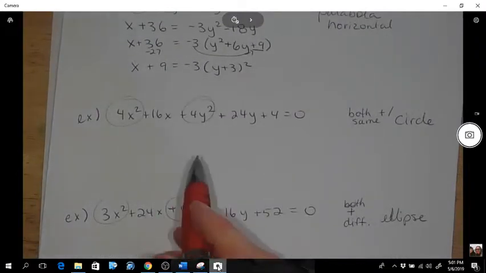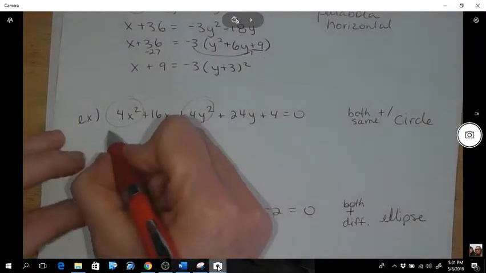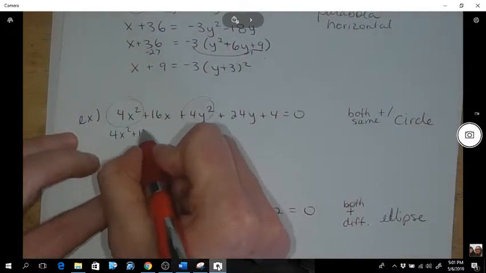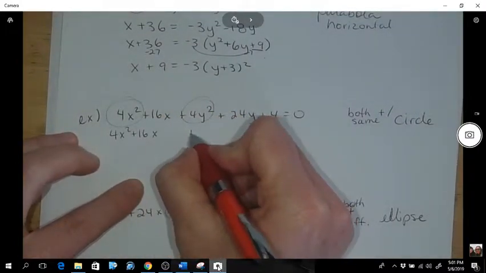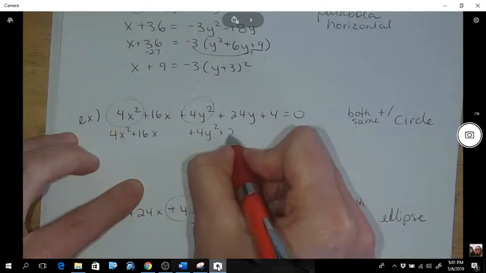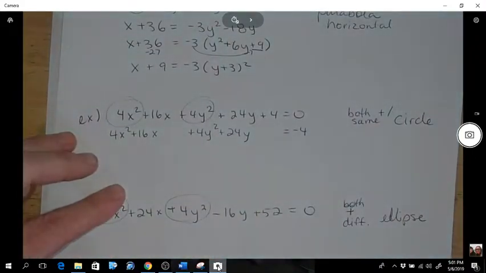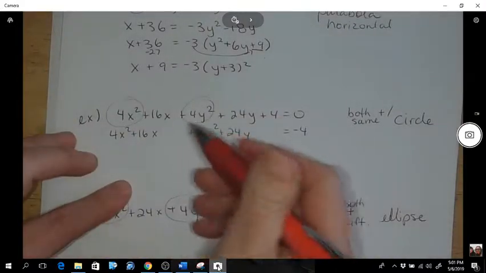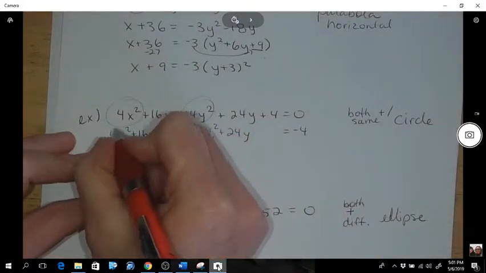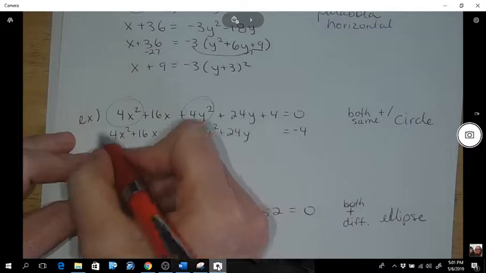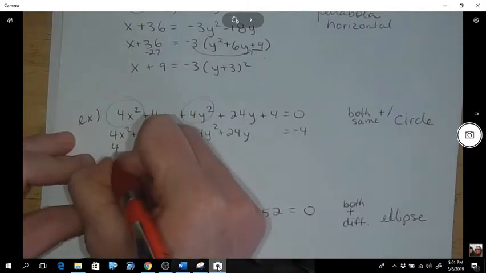Okay, circle. Groupings, x stuff, y stuff, number moved over. Okay, when you start getting a little faster, you can probably do this in 1 step instead of 2, where you can factor out and move over. So factor out the 4.